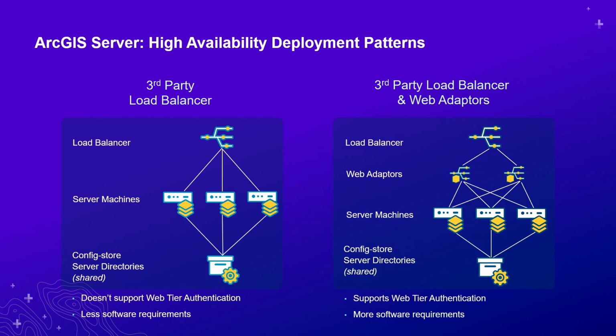You can also set up your architecture to have a third-party load balancer as well as web adapters. This gives you the ability to support WebGIS authentication for server, but again, there's a need for additional software to support this architecture. In either case, you have a shared directory that is accessible by all machines to store the config store and the server directories.